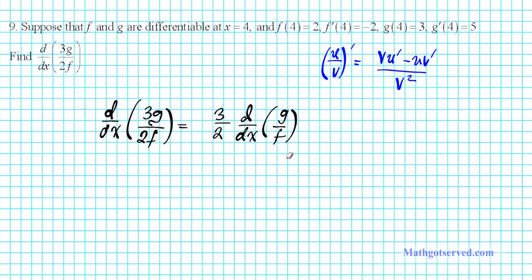Let's apply that here. We're going to have 3 over 2 times f g prime minus g f prime, over f squared. Now how did that happen? Well, we took the numerator function and called it u, and the denominator we called it v.